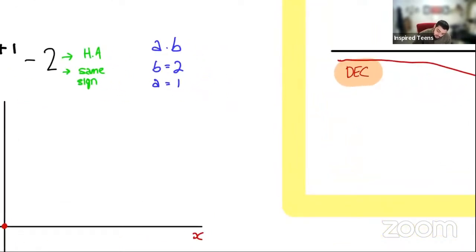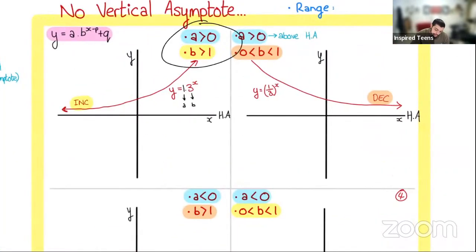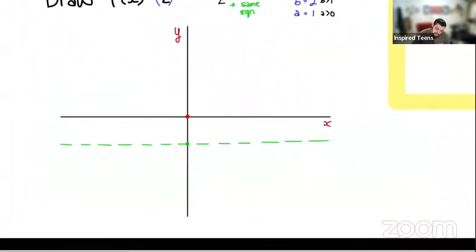So we have to write it in terms of what we learned. A is greater than 0. B is greater than 1. So when A is greater than 0 and B is greater than 1, we have above and increasing. Above and increasing would look something like this. But because it's cutting the axis, we will need to calculate x and y intercepts.